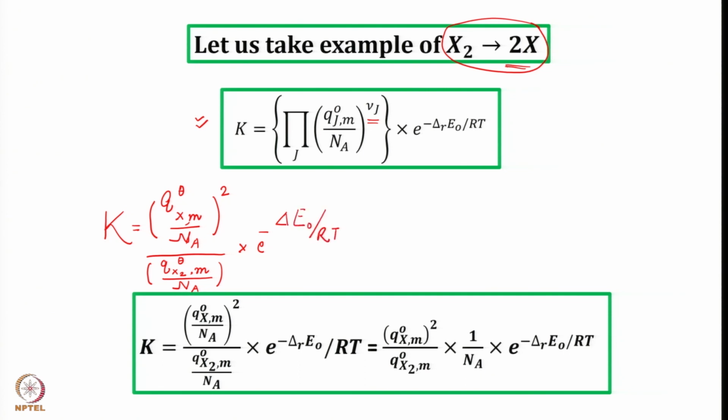Now, if you do the mathematical rearrangement of this, you get Qx m naught square divided by Qx2 m naught into 1 over Na, because 1 over Na will come from excess Na in the numerator part, and exponential minus delta R E naught by RT. We have come up to this expression. That is easy so far.